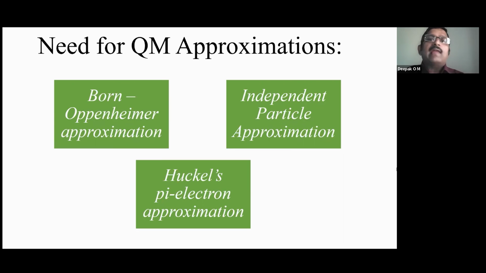I am doing my computations at the level of the Born-Oppenheimer approximation. Another approximation is the independent particle approximation, then Huckel's pi electron approximation, which most of you will know at least at the basic level. These are some of the approximations that you will generally apply in almost all our quantum mechanical computations.